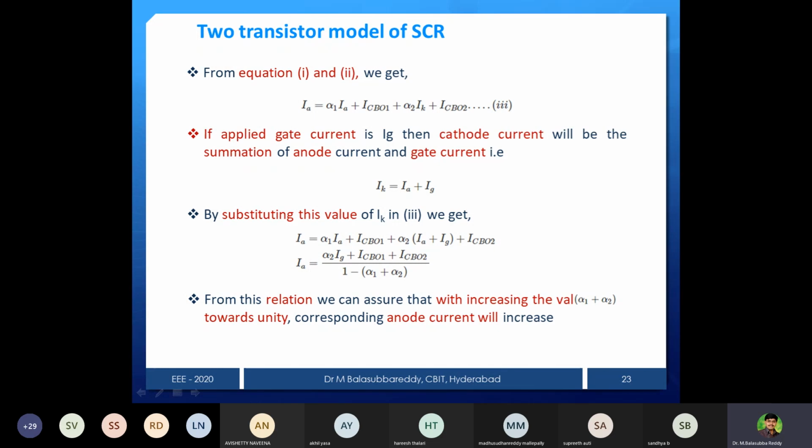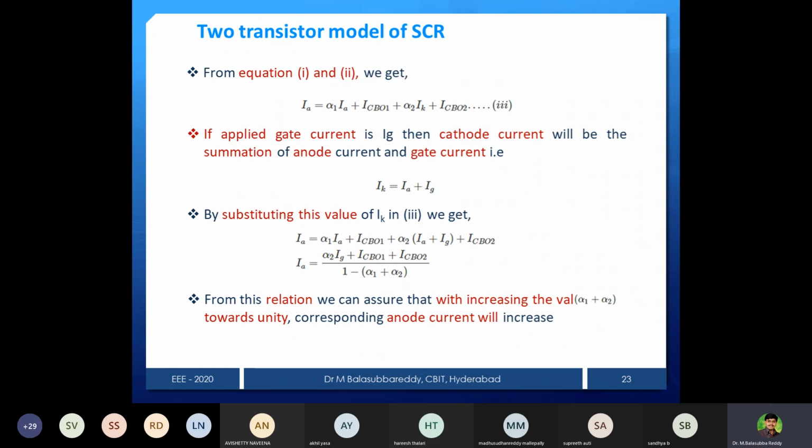By increasing alpha 1 and alpha 2. If alpha 1 and alpha 2 increase, the denominator will decrease, then the anode current will increase. Once anode current increases, alpha 1 and alpha 2 automatically keep on increasing. Once alpha 1 plus alpha 2 approaches unity, then the SCR is going to be triggered.